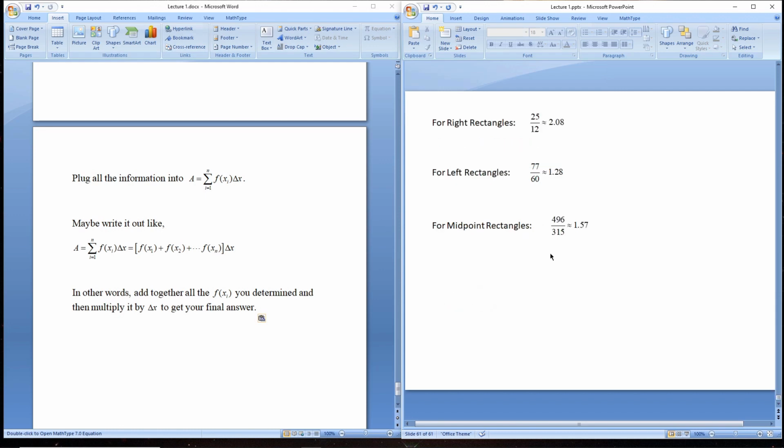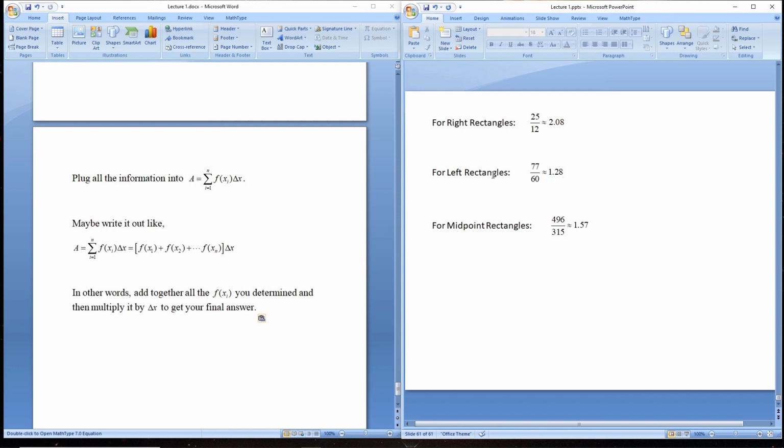So as a final tally, we had right rectangles, a little over 2 for our total estimated area. Our left rectangles was about 1.3. So notice which is higher, which is lower. So in this case, 2 is higher, so we would call this the upper sum. It's the highest estimate.